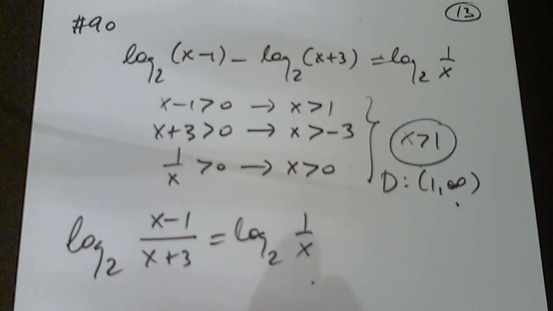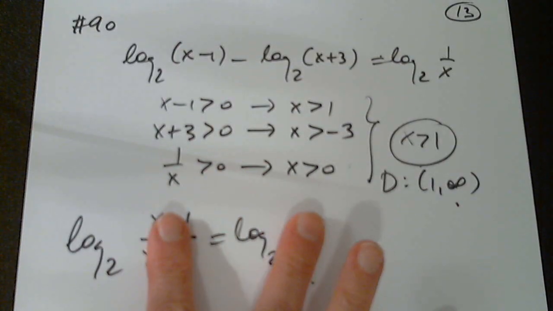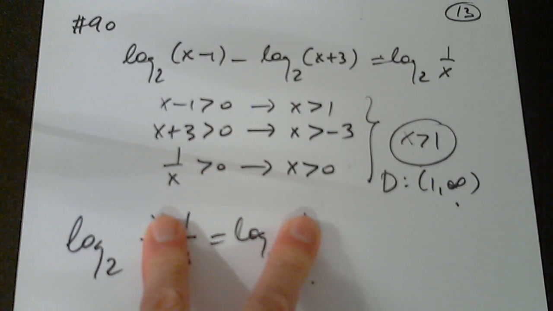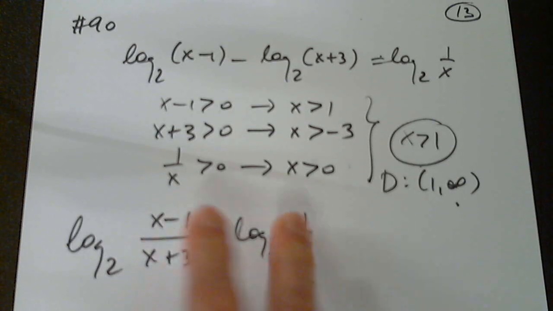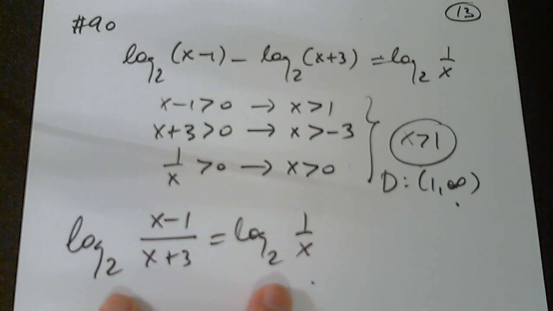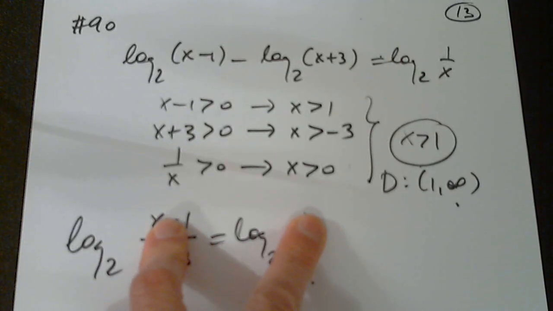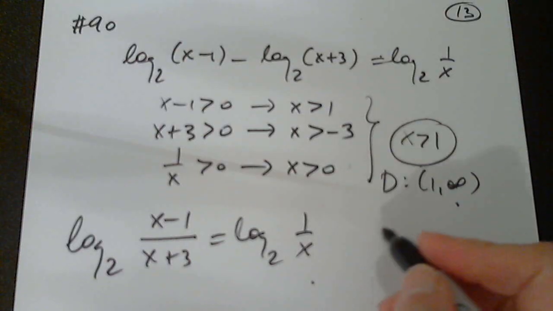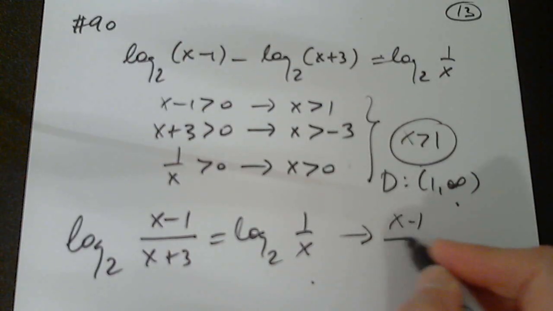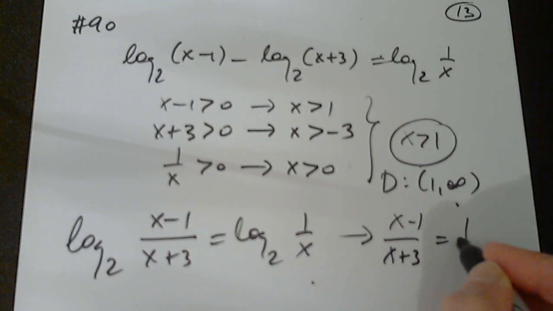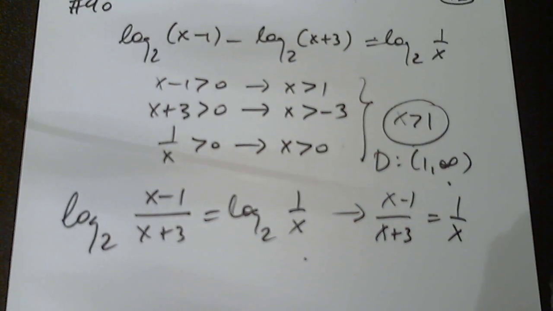What has to happen? These two quantities have to equal each other. So from here, (x - 1) over (x + 3) must equal 1 over x.